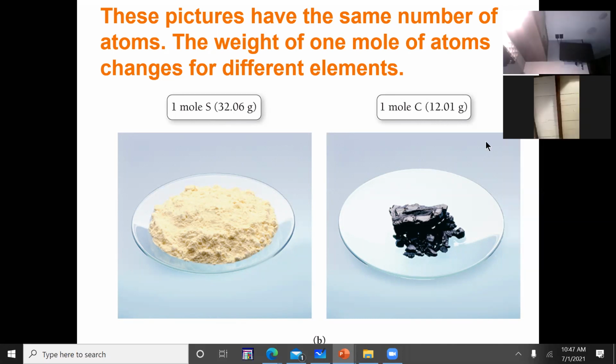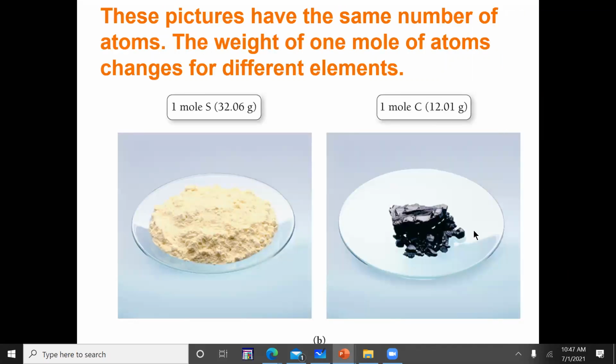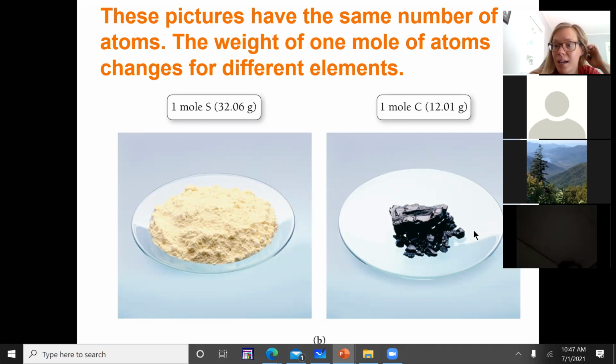Do those numbers sound familiar at all? They should, because they are the atomic masses on the periodic chart. So go ahead and grab your periodic chart. Go to sulfur, which is number 16. And the decimal number at the bottom is the mass.